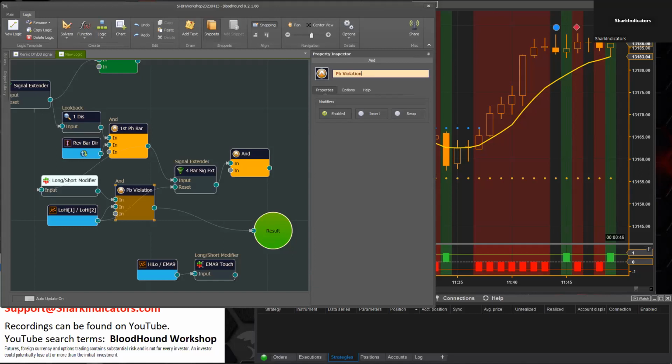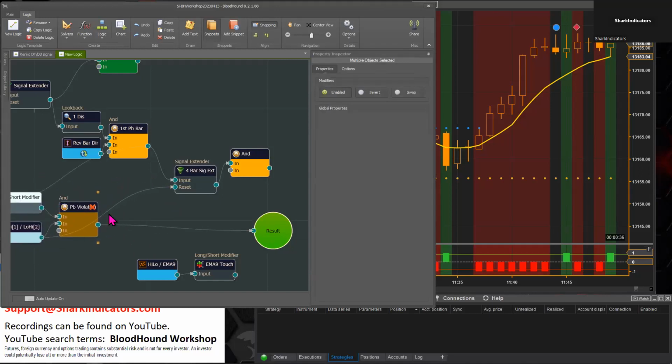There you go. So really, this is a pullback violation. Yeah, there we go. Disconnect that.